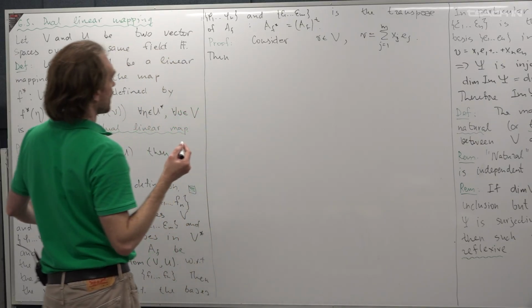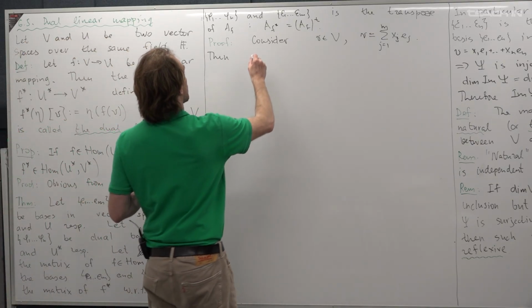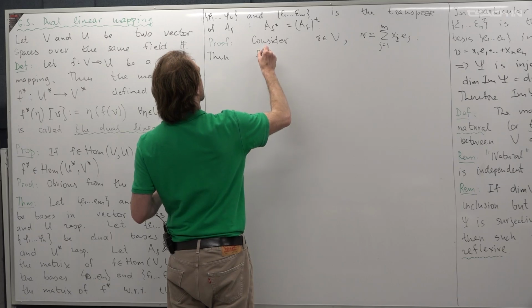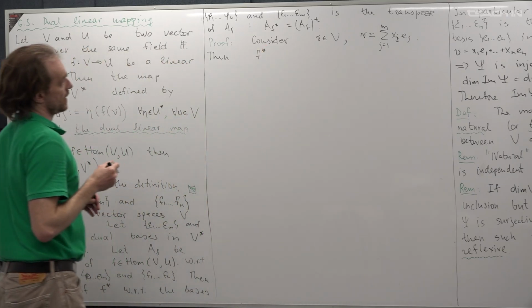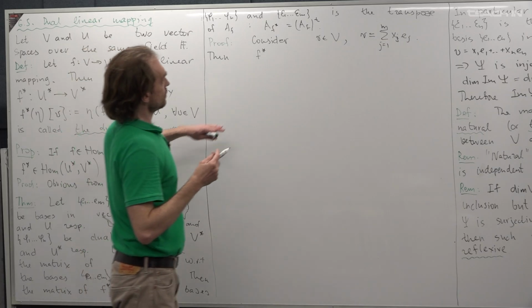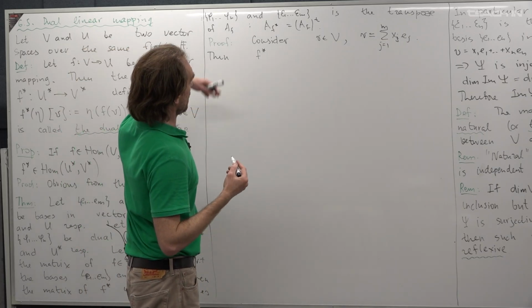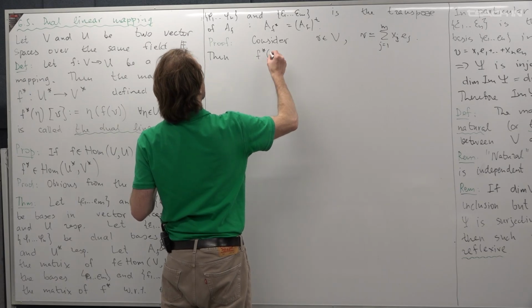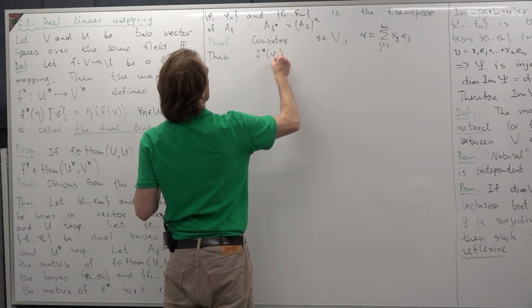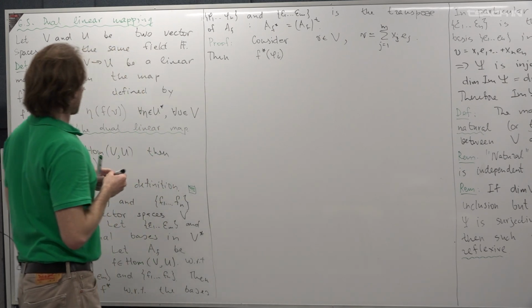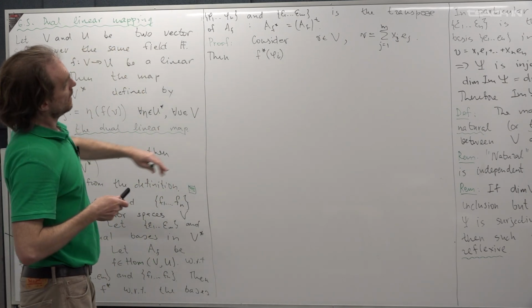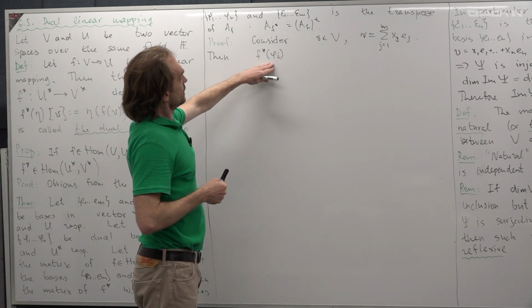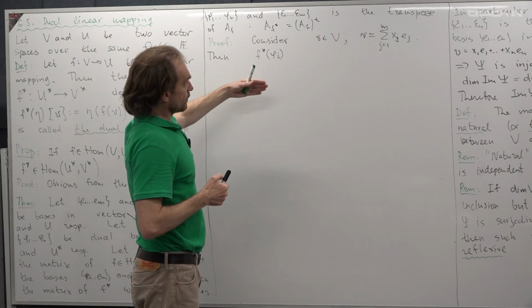I need to apply the mapping f prime to some vector of this basis. So I take f prime of phi sub i, and in this case I will get an element of the dual space to the first space.